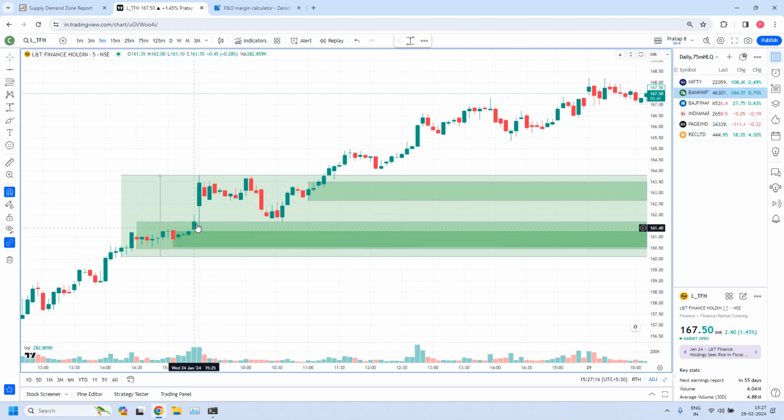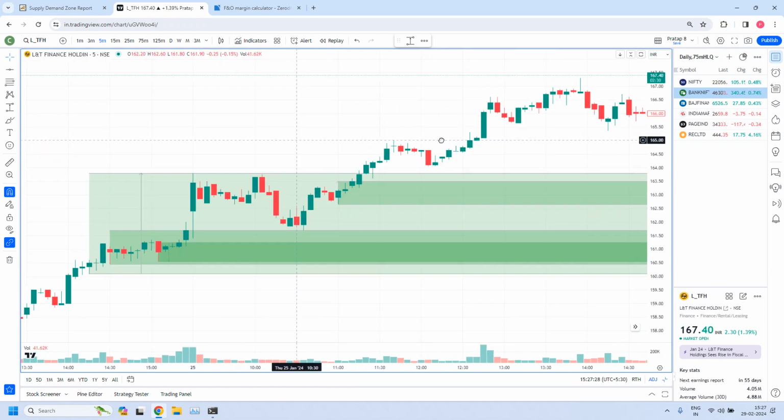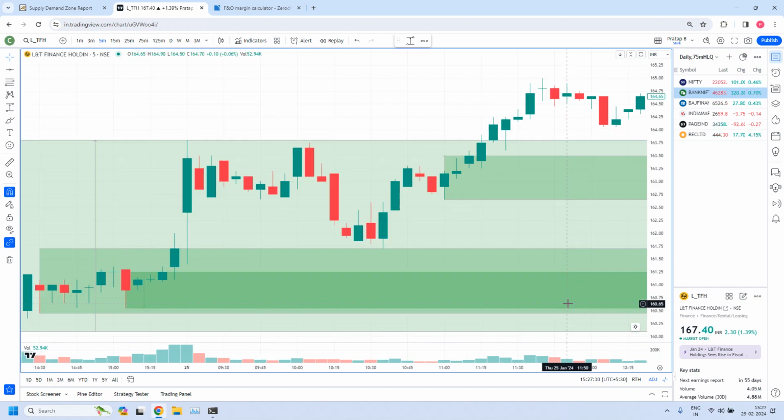But those who are not convinced, maybe you need to consider this entire area as a demand zone, that means the entire 15-minute area. Because the leg out I compromised, and a follow through candle is there. That's why I compromised. And what about here?